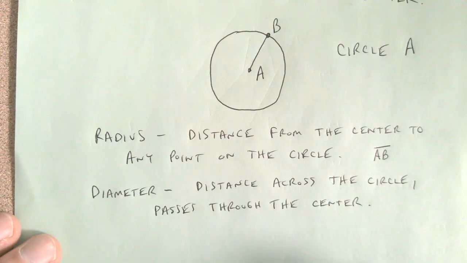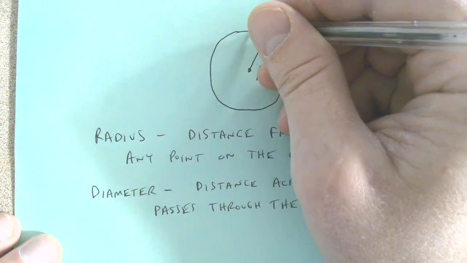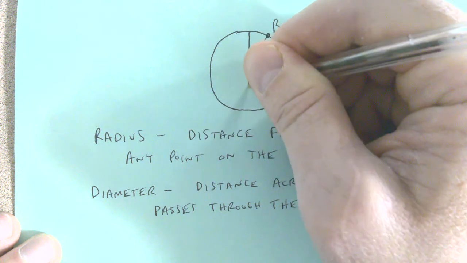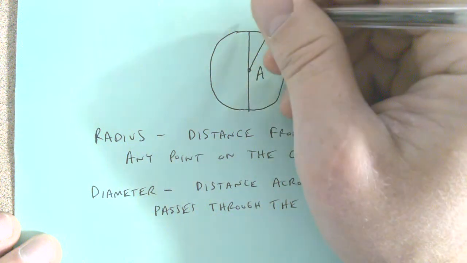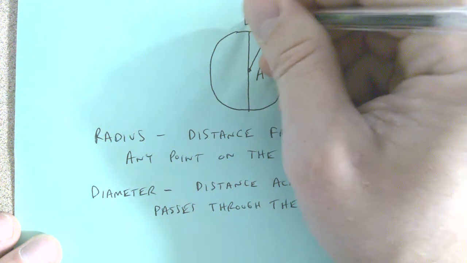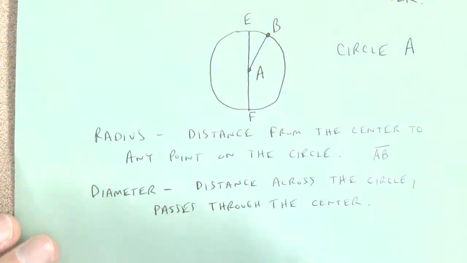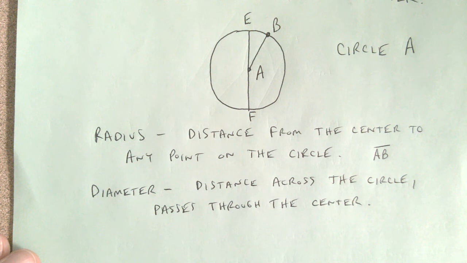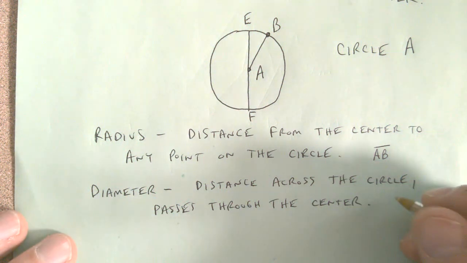Which again, if I were to draw that into my picture here, we could say that EF is a diameter. It's passing through the point A.